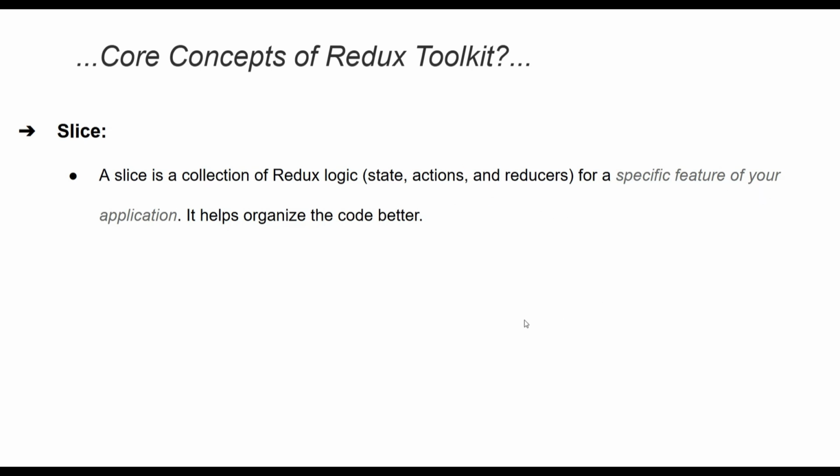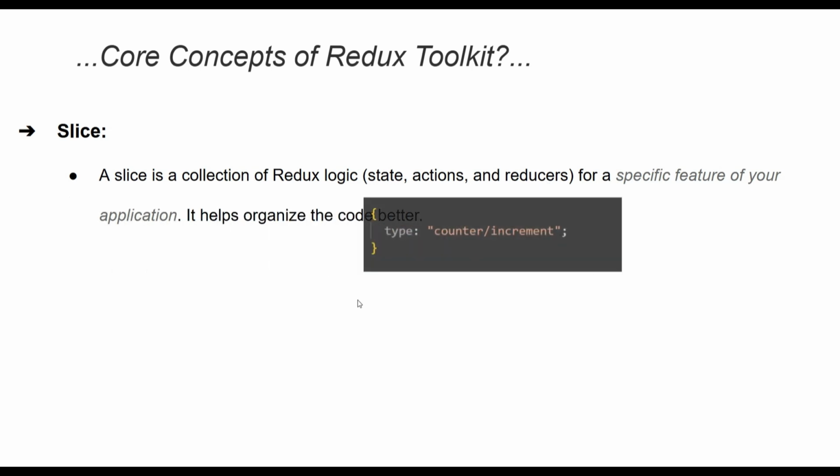For every feature of our application, we need to create a slice to represent that feature. And that slice, that file, contains everything that needs to be done, which is the state of that feature, the actions, and reducers to actually update that feature, right? So that is what a slice stands for, of which we are going to see how it works in a moment.